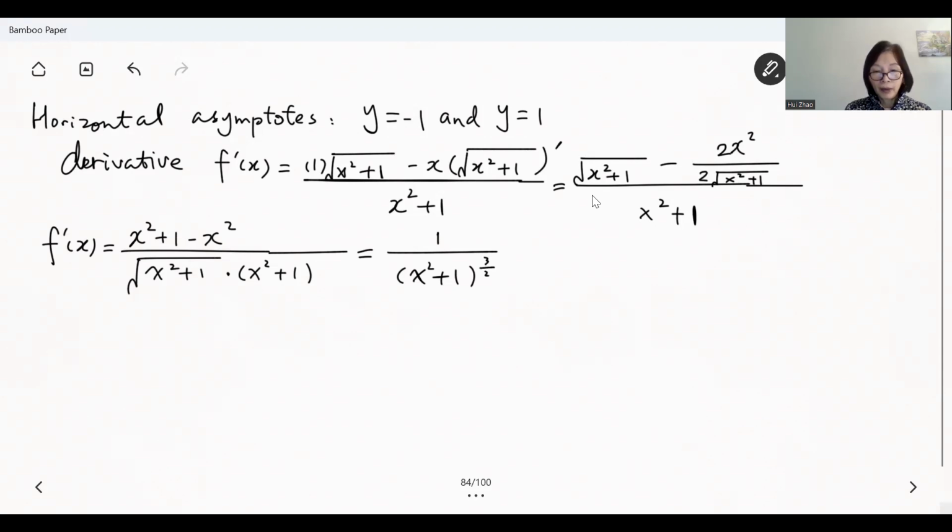The numerator is 1 and the denominator is positive, so the derivative is more than 0. Not equal to 0, so there is no critical number. That means no turning point.